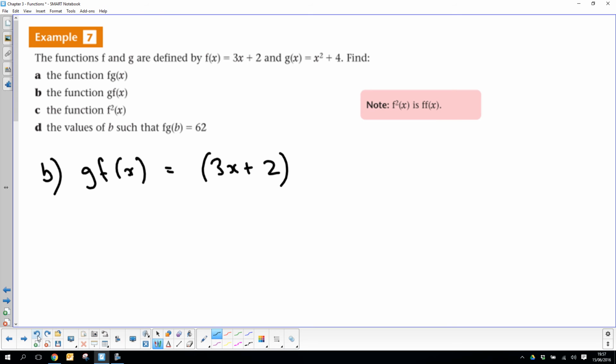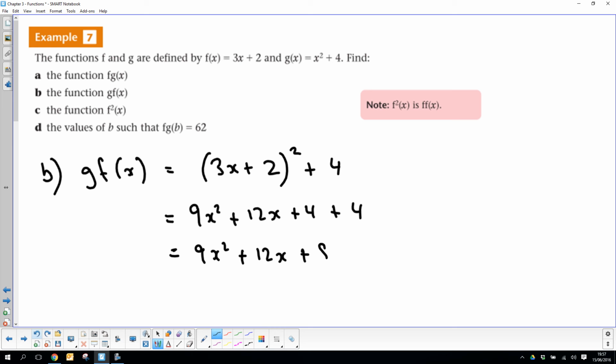So we need to square it and then add 4 to it. That gives us 9x squared plus 12x plus 4. That's the bracket expanded, plus another 4. So we're left with 9x squared plus 12x plus 8. And that's great. That's our gf of x function.